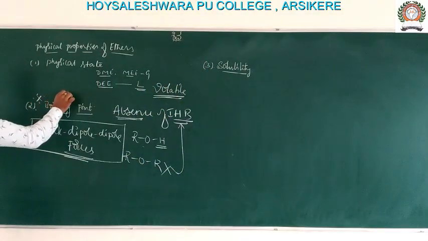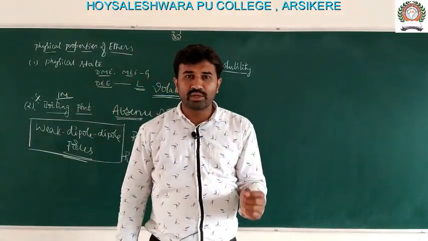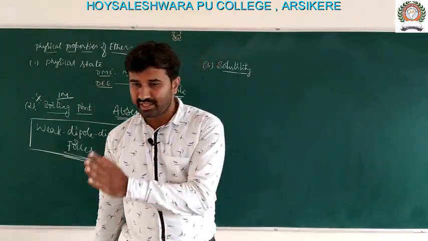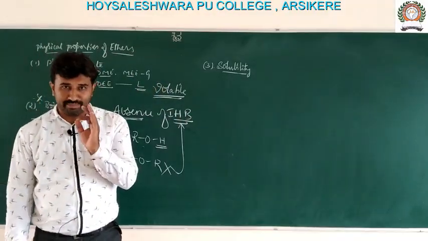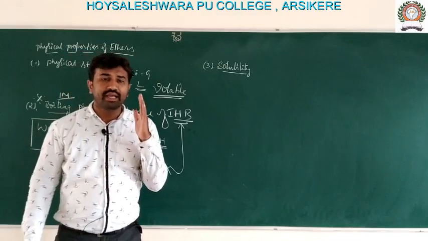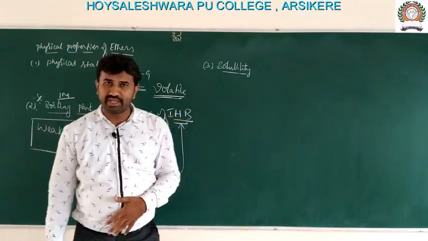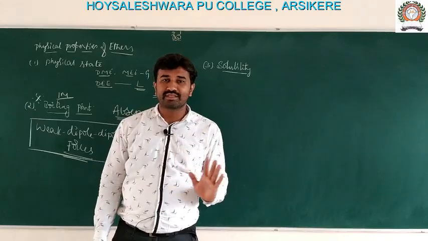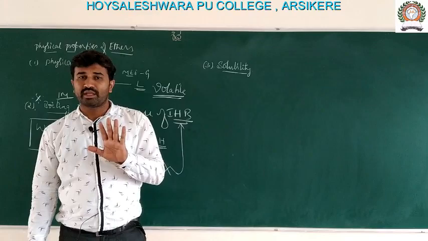For a 1 mark question: why do ethers have lower boiling point than corresponding alcohols? The answer is very simple. In alcohols they have intermolecular hydrogen bonding, but ethers don't form hydrogen bonding.